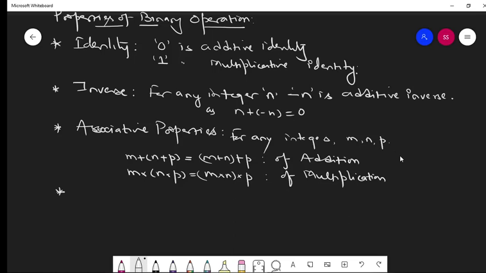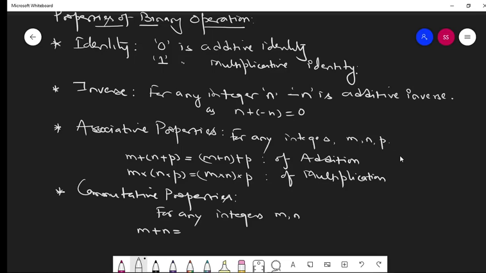And the next is the commutative property. For any integers m and n, m plus n equals n plus m, this is for addition, and m times n equals n times m, this is for multiplication.